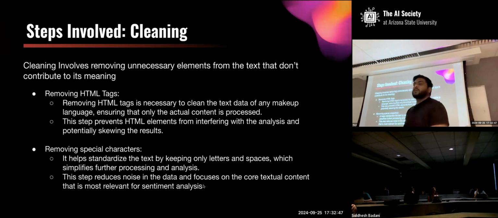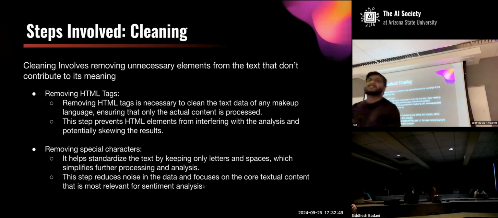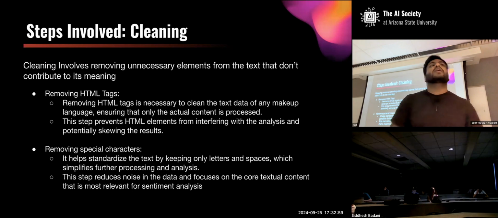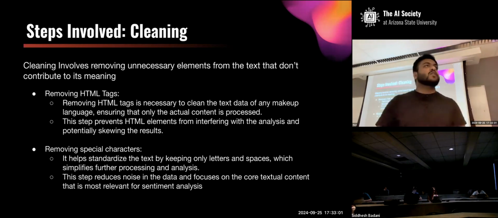The second step we will perform is removing the special characters. There are always special characters like asterisks or some symbols which do not have any important information for analysis.